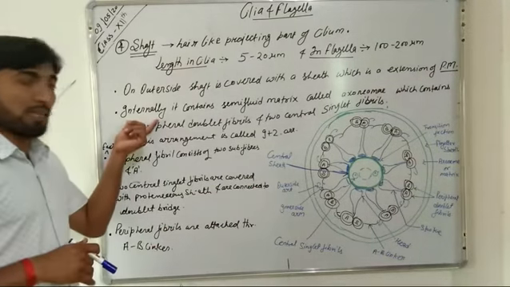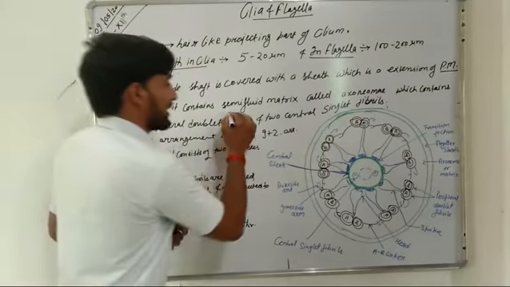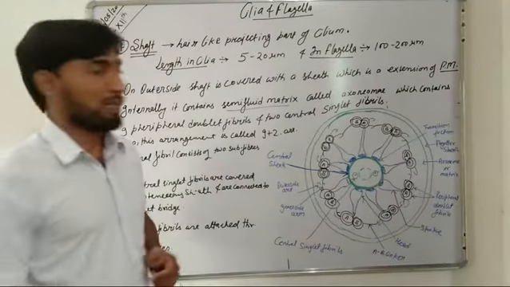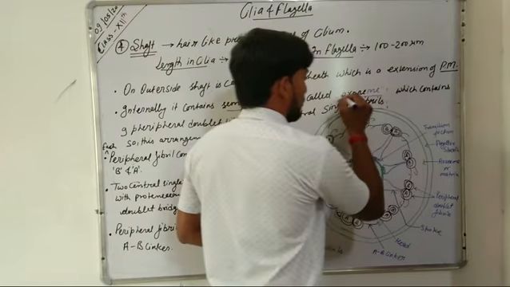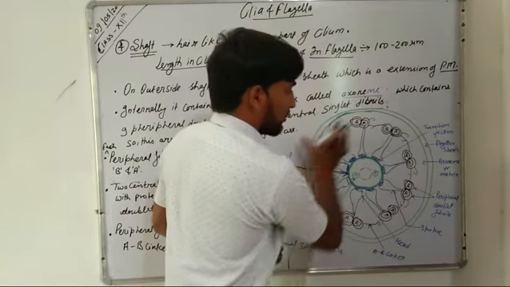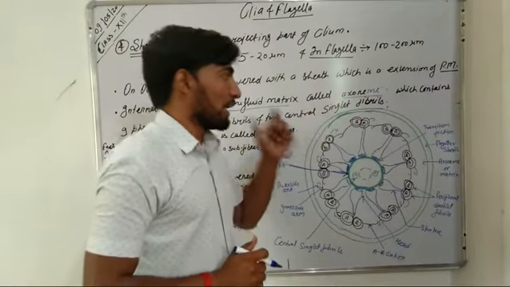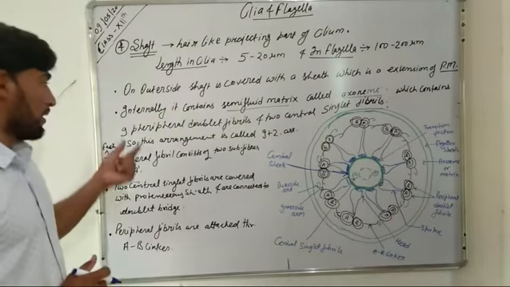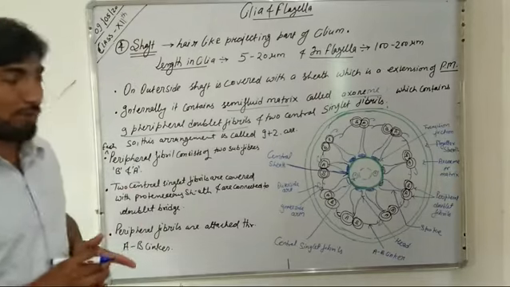Internally, this shaft contains a semi-fluid matrix that is known as axoneme. This axoneme contains 9 peripheral doublet fibrils.